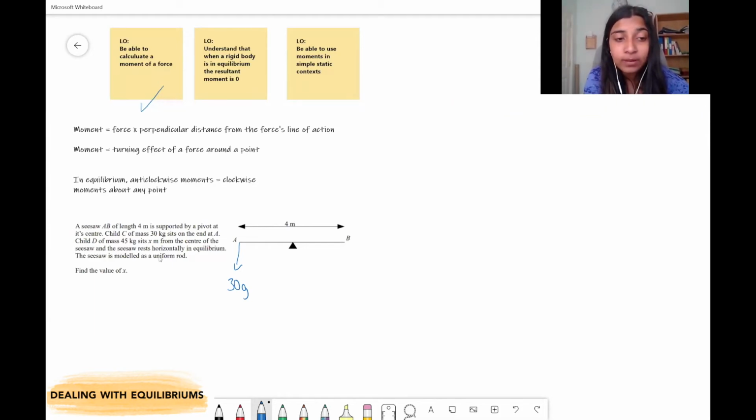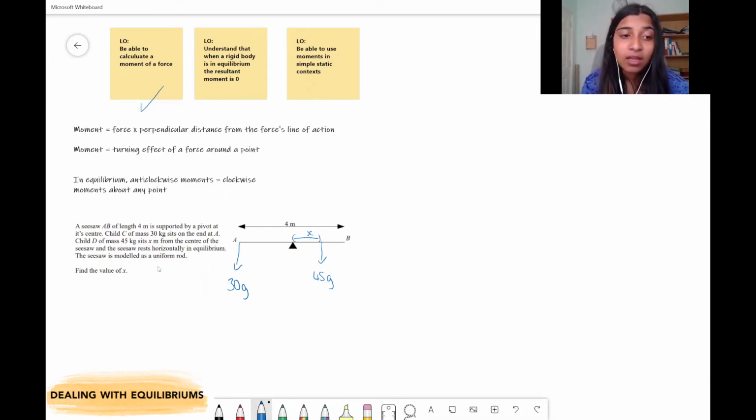And then we have child D of mass 45 sits X meters from the center of the seesaw. So if we have child D sitting here at 45G, and this bit here is X.